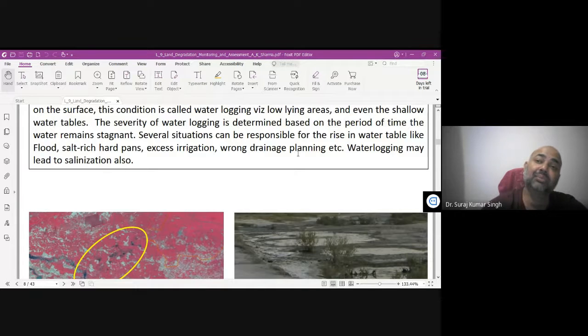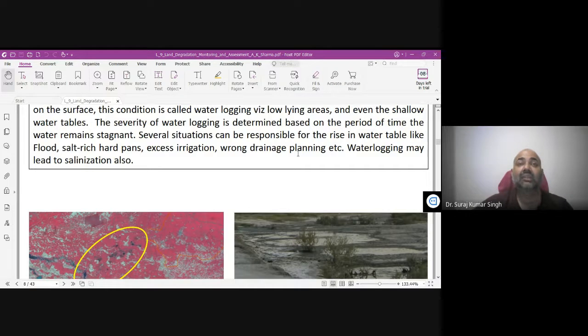If that process is recurrent in that particular region or specific location, gradually the salt content in the soil will increase, the productivity of the land will decrease, and one day the entire area will be converted into salt-affected soil or salt-affected land.